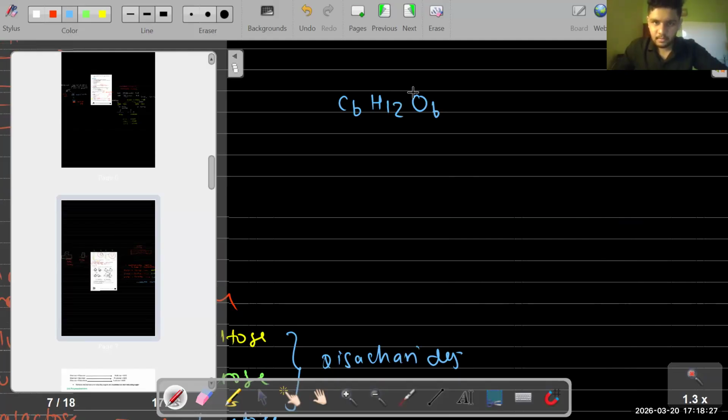C6H12O6. Now this chemical formula belongs to which compound? C6H12O6. I hope that you have come across this in your O levels. What does this mean?